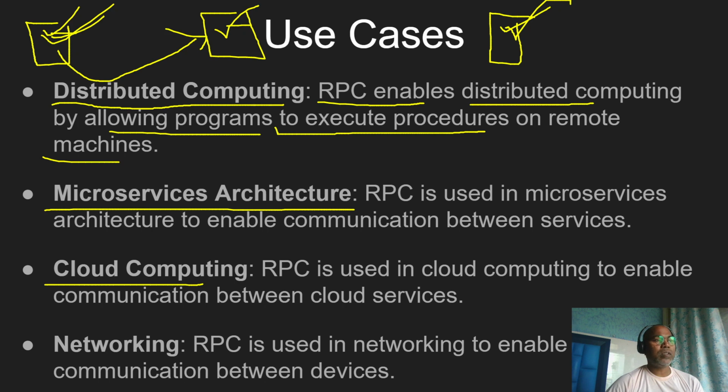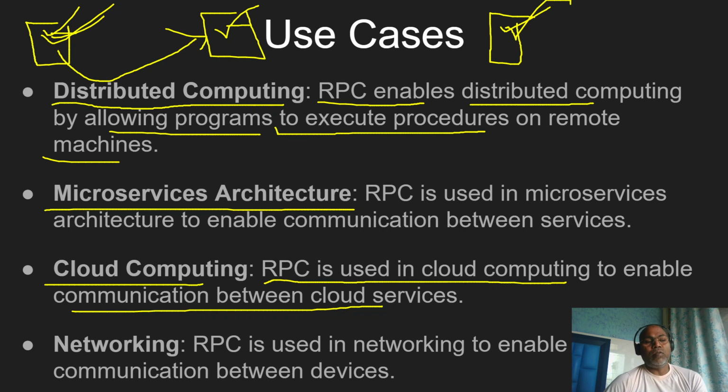Nowadays, in cloud computing infrastructure, RPC is used to enable communication between cloud services. Lots of cloud services are offered on an RPC basis. Even if you want to create multiple machines or instances, from one machine you are able to create another machine and scale. You can deploy everything from one machine to another machine.